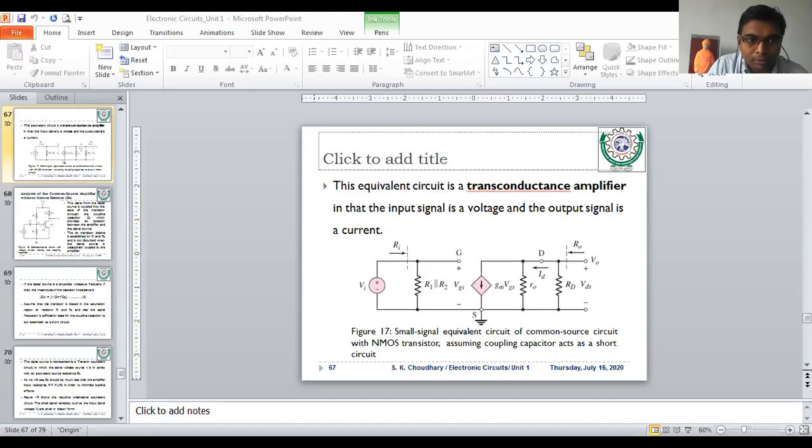So here there is the voltage VI, then CC, then R1, this is R2, then this is RD. Okay, so this was the circuit.